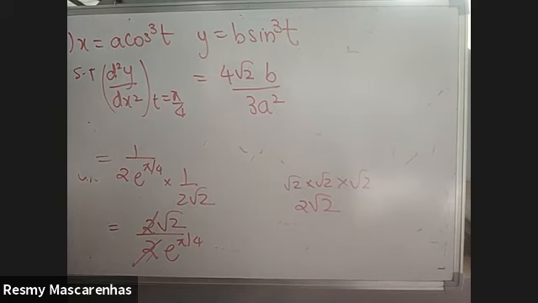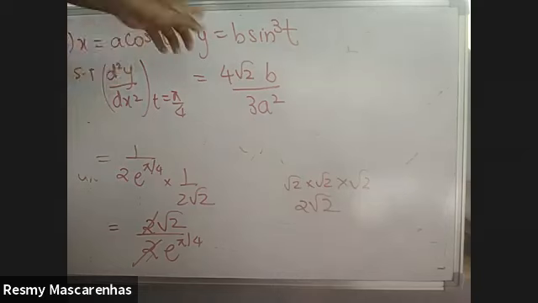Whenever they give, show that this is the answer, it's always good, because you know that in case you solve and you're getting the answer, it is 100% correct. So you can start differentiating. Find dx upon dt, then find dy by dt, then find dy by dx.